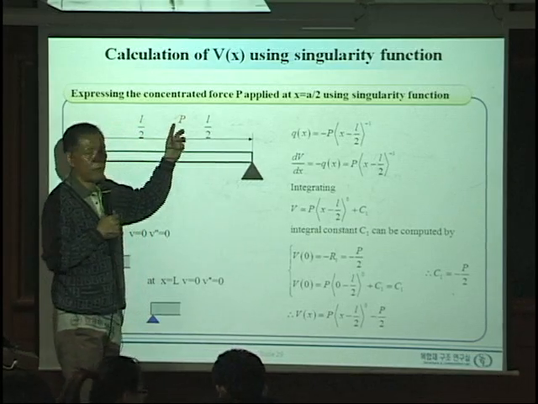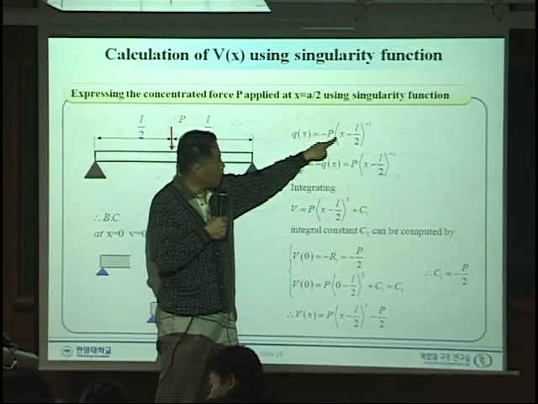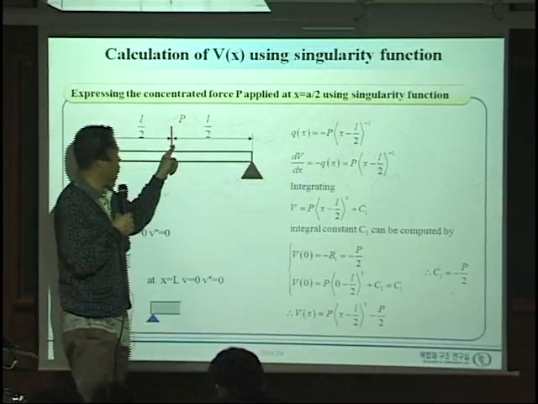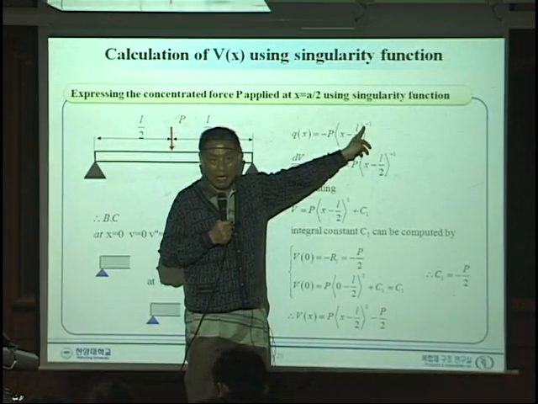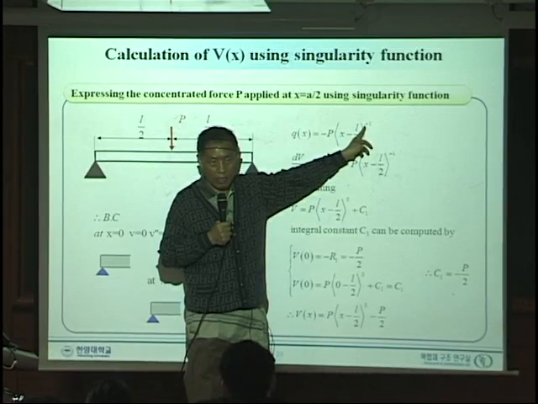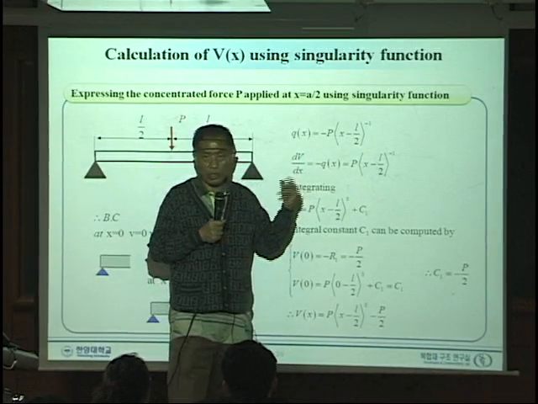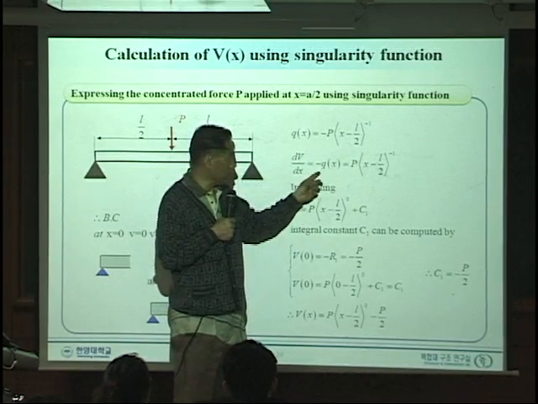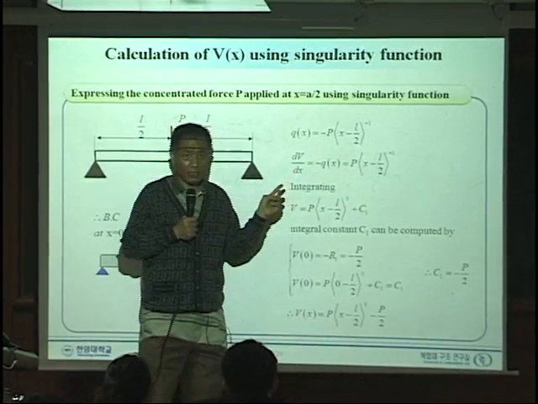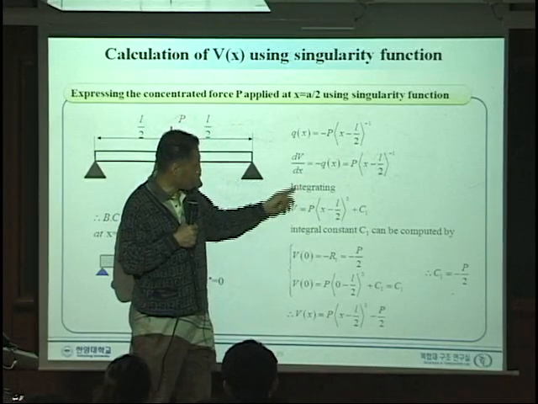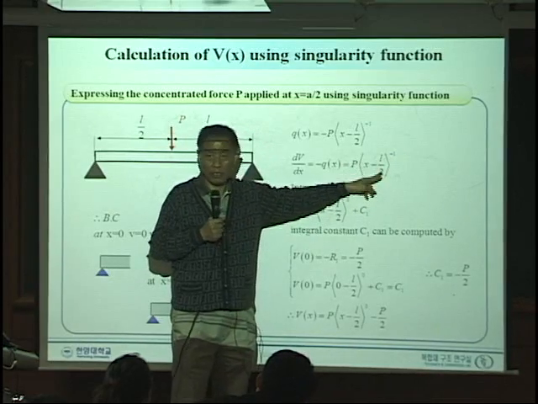Here we have a concentrated force P, then the distributed load Qx is minus P x minus L over 2. L over 2 is where you apply load P, and remember there is the power of -1. Okay, power of -1, and then dV/dx plus q equals 0, right? So we can simply have this qx here, and we can integrate to calculate V.